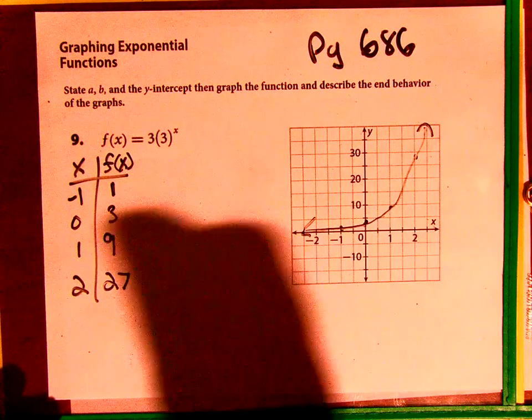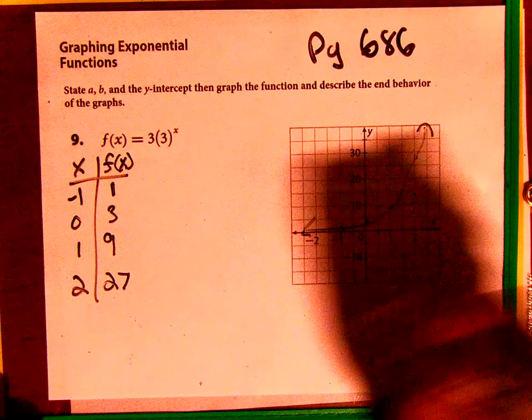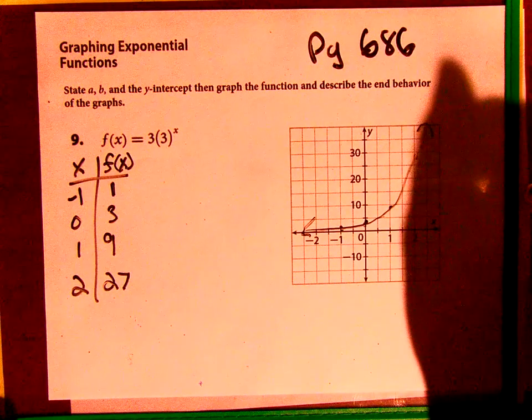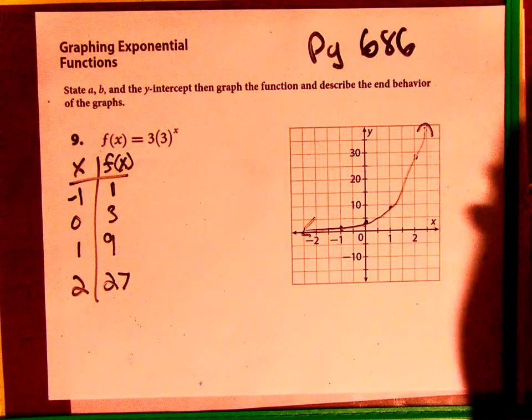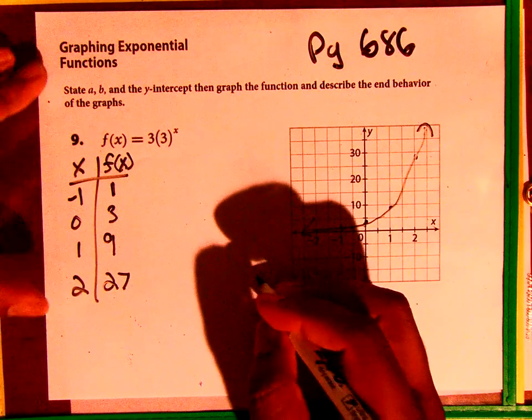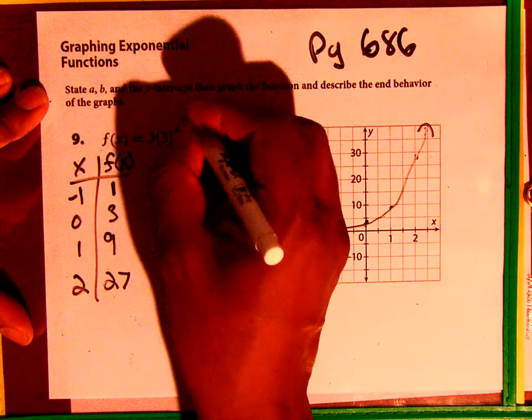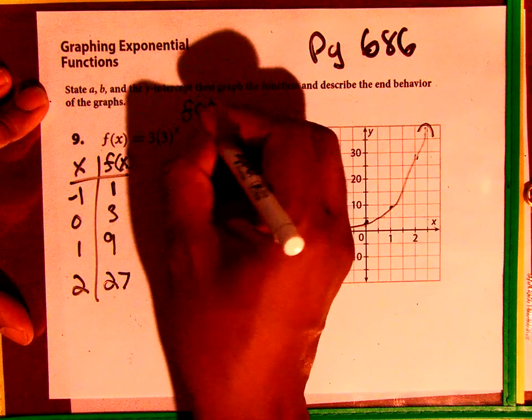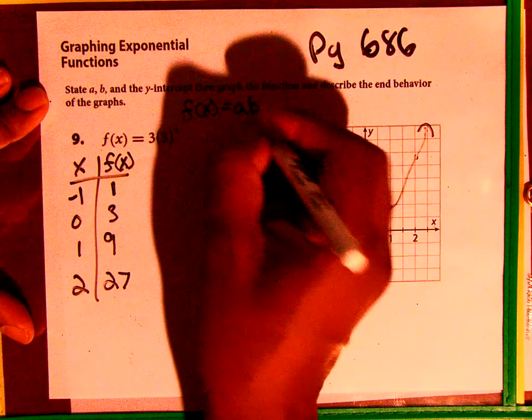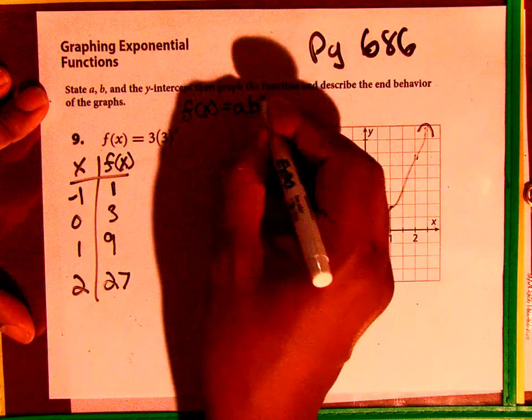All right, so now I have this line, and what I want to do is go ahead and say what A, B, and the Y-intercept are. Well, that's pretty easy. First, remember that we're looking at f of x, or y, is equal to A times B raised to x.